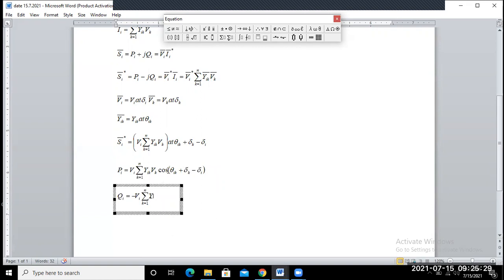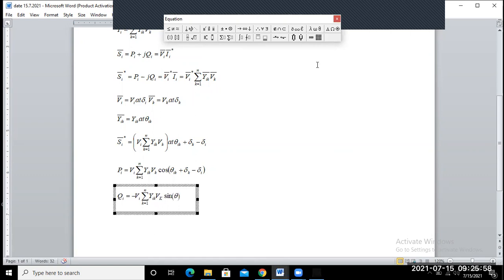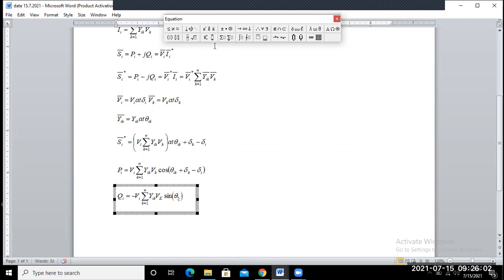So Yik Vk sin of theta ik plus delta k minus delta i.